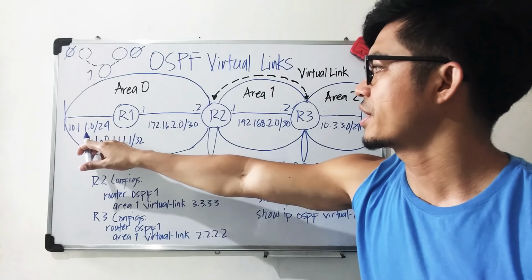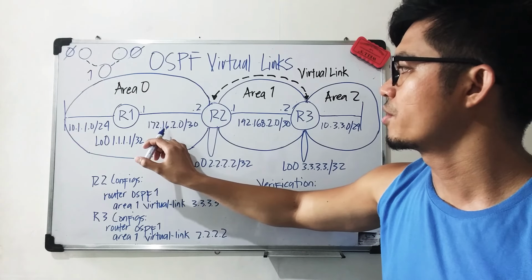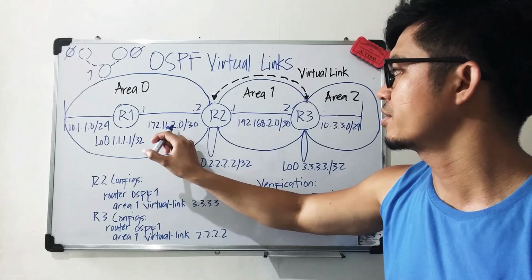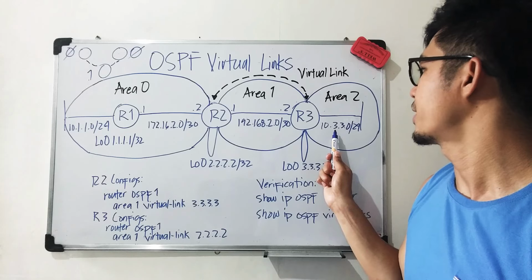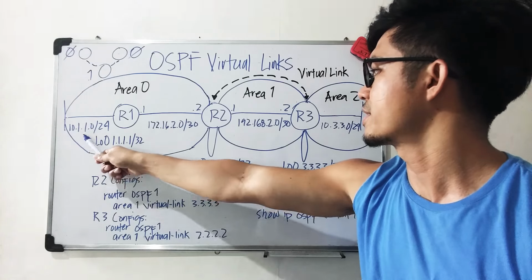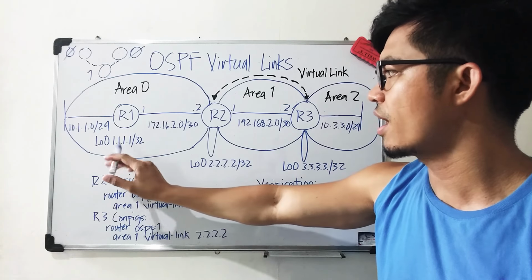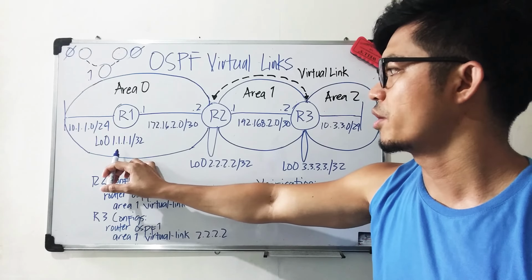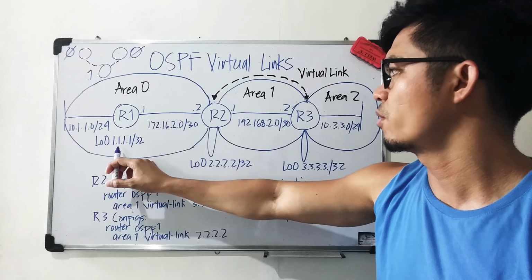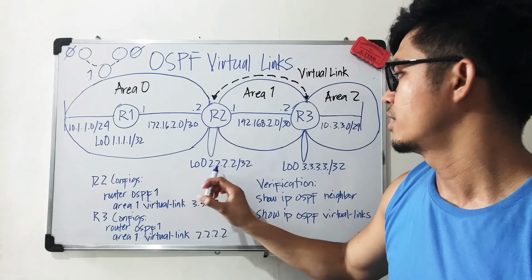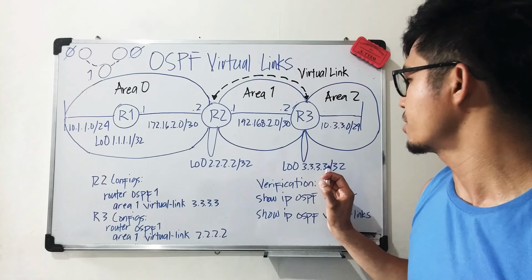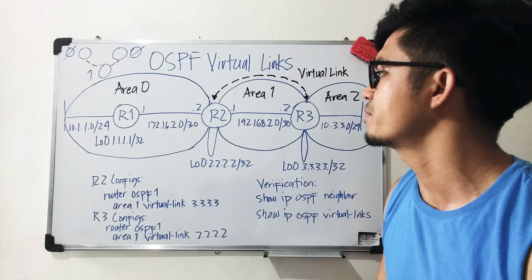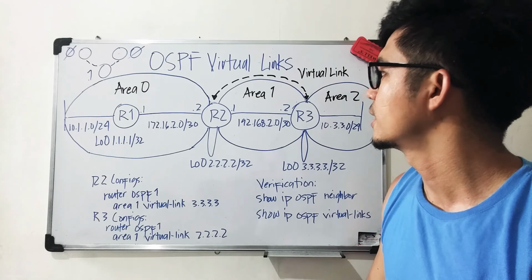You have the point-to-point connections here and here, and a LAN network here, just like on this side. You have the loopback IP addresses, 1.1.1.1 here, 2.2.2.2 here, 3.3.3.3 here. They are all /32 host routes.